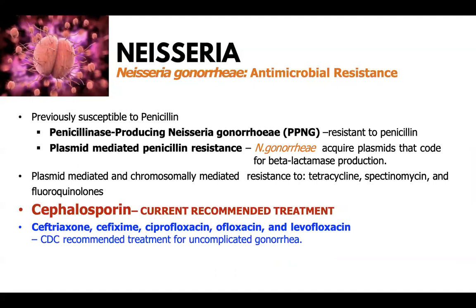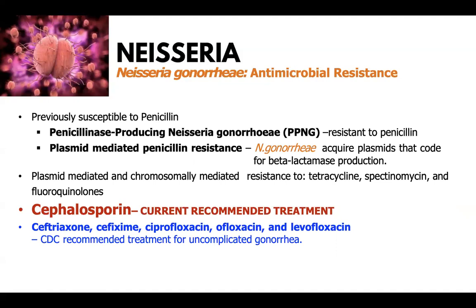Okay. So, kung si Staphylococcus, ang tawag natin dun sa resistant strain ay MRSA. Ang tawag naman natin sa resistant strain ng Neisseria gonorrhoeae ay PPNG, no? So penicillinase producing Neisseria gonorrhoeae. Ito sila yung may beta-lactamase. Okay, so resistant to penicillin.